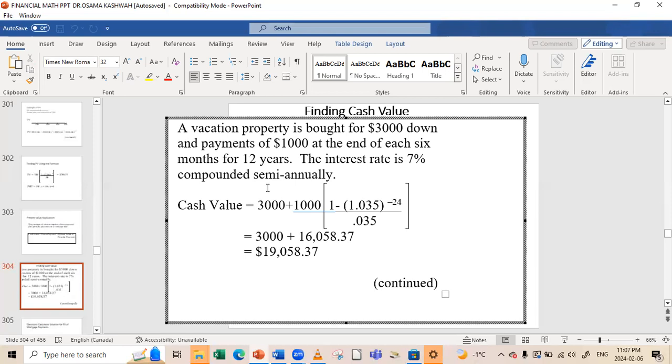It's an annual 7%. So semi-annually means that you will divide 7% by 2. So for the whole year it's 7%, but you have to do it semi-annually because you calculate everything here semi-annually.